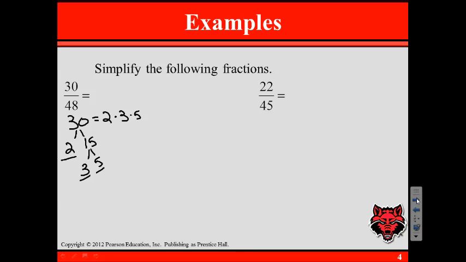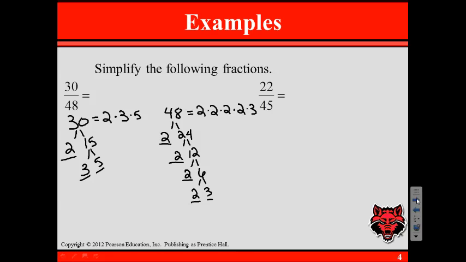Let's do the same thing with 48. 48 divided by 2 is 24. 24 divided by 2 is 12. 12 divided by 2 is 6. And 6 divided by 2 is 3. We have all prime numbers, so the prime factorization of 48 is 2 times 2 times 2 times 2 times 3.